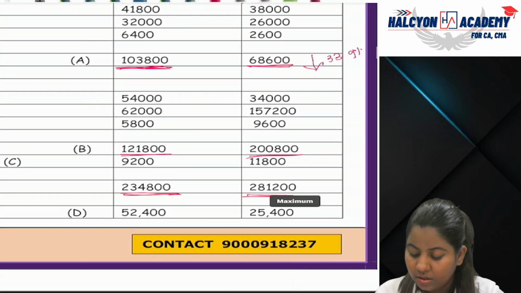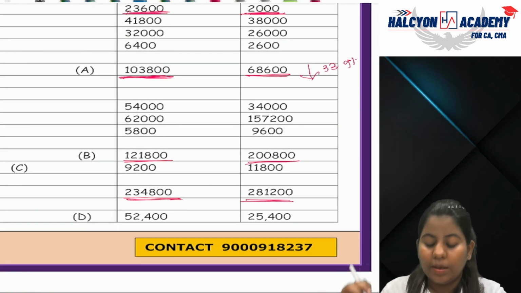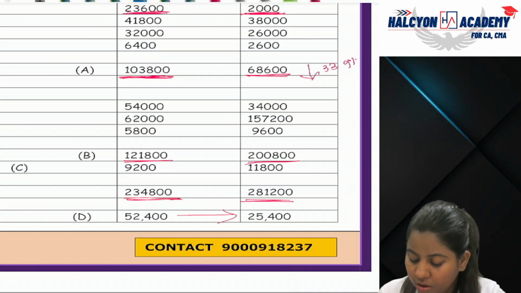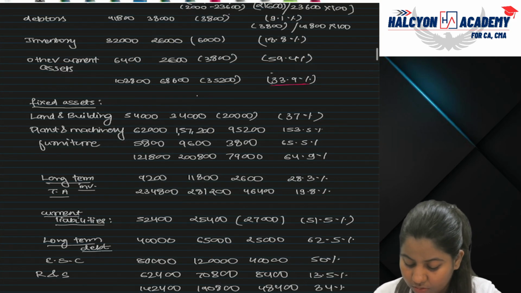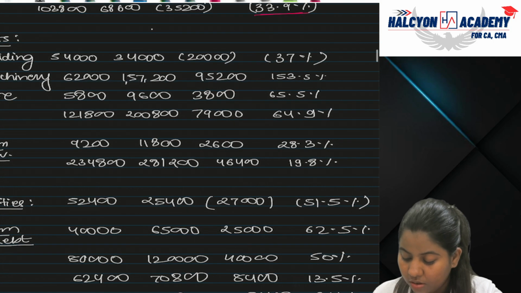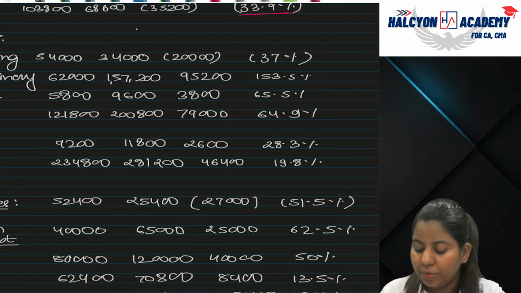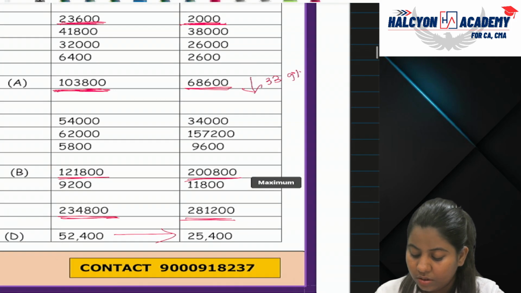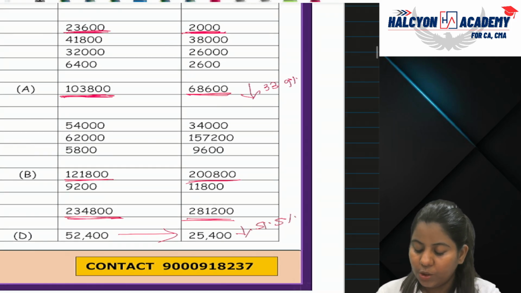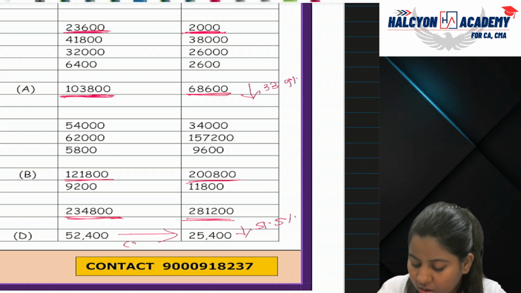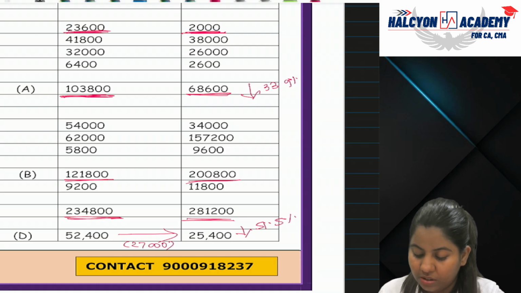See, there is also a decrease in current liabilities. Decreased by how much amount? We have calculated here. By 27,000 rupees, that is 51.5%. So it is decreased by 51.5%, that is minus 27,000 rupees.